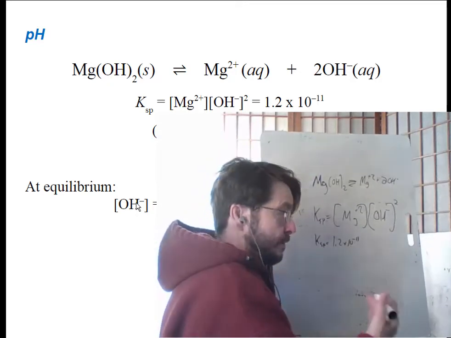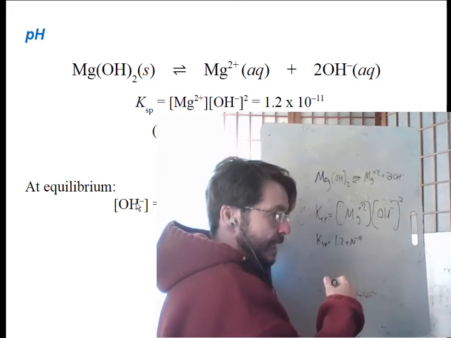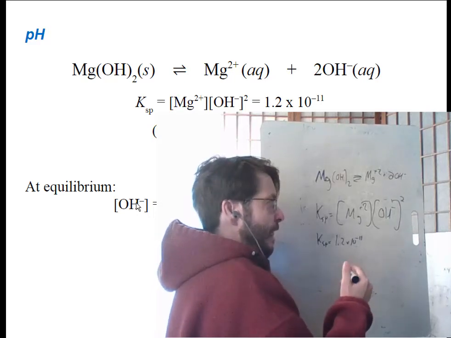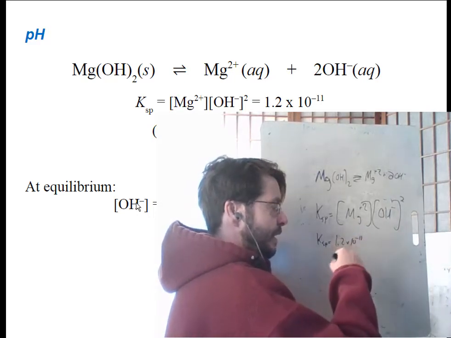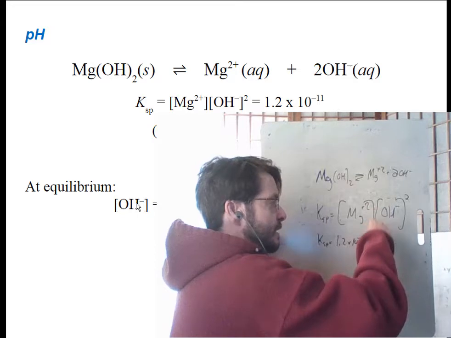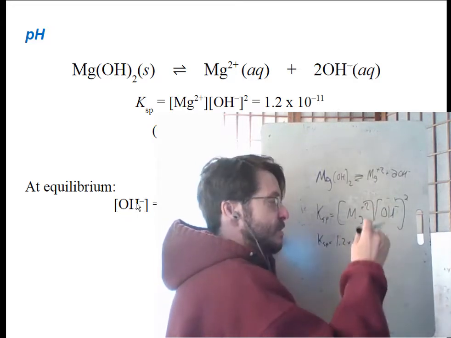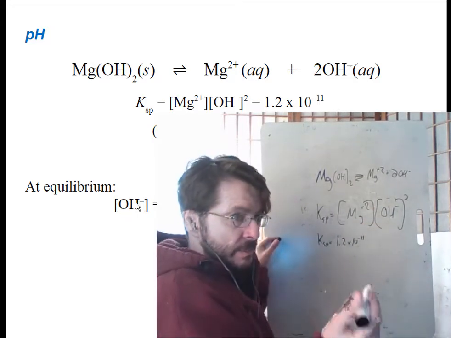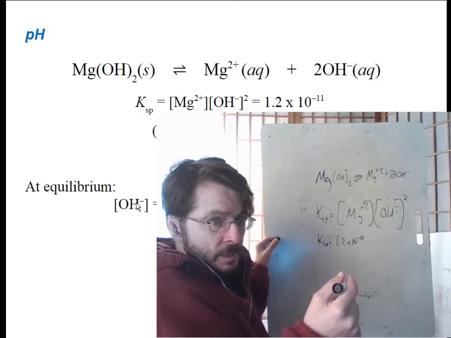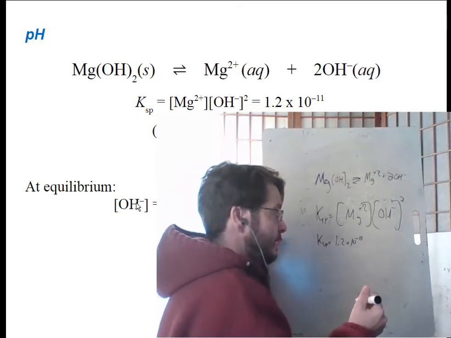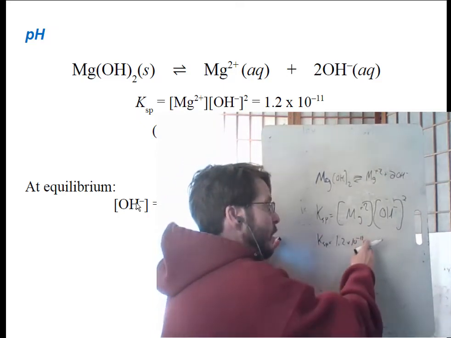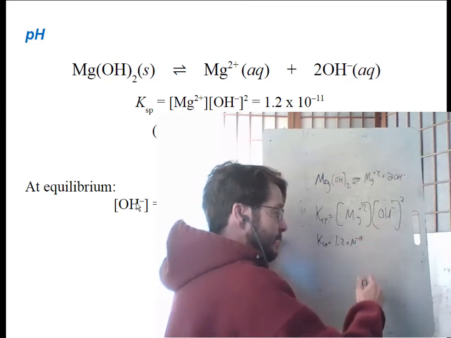So this problem can look one of two ways. We could solve for the minimum pH, or we could actually start to play games with the hydroxide ion concentration. We could throw in sodium hydroxide and say what would be the solubility. Okay? So for this particular solution, you can solve for the hydroxide ion concentration.